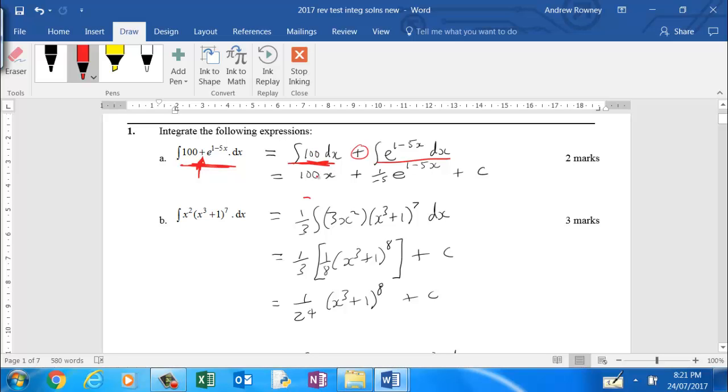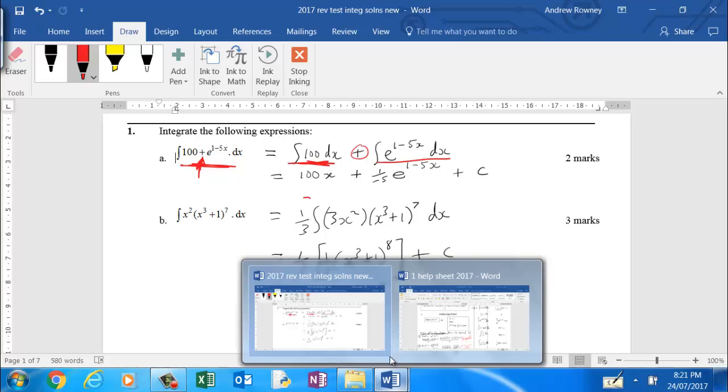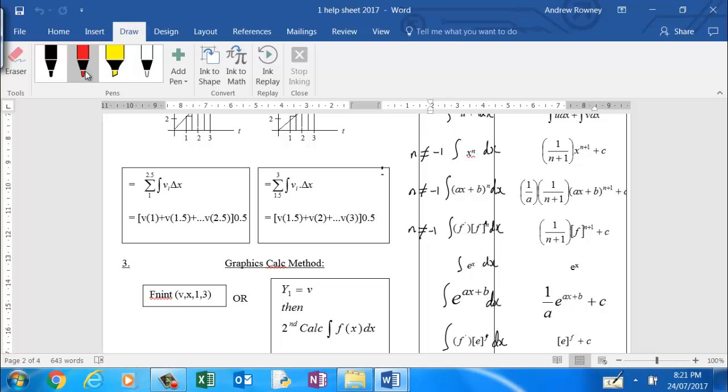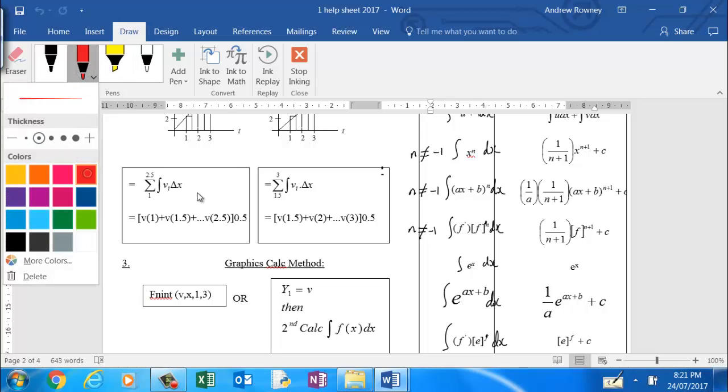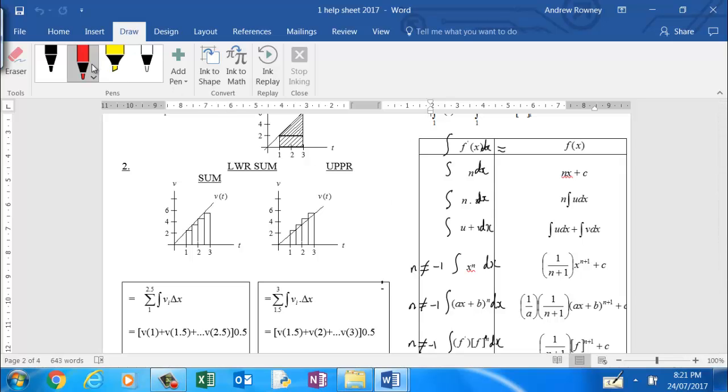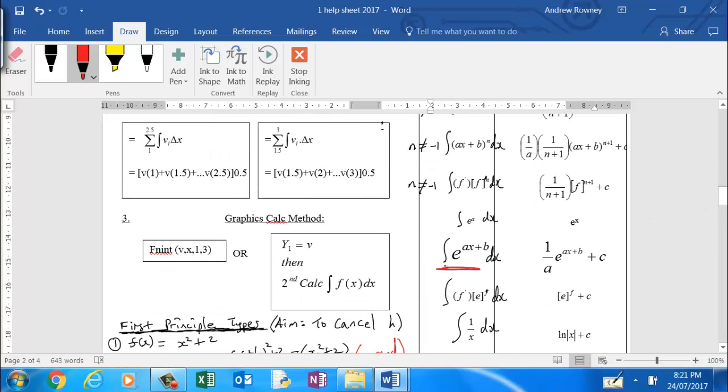So the integral of the 100 is 100x, and the integral of e to a linear is 1 on a e to the linear. Where I'm getting that from is the help sheet. In the help sheet we have here that the integral of a constant is equal to nx, and the other one was the exponential to a linear is 1 on a e to the linear.